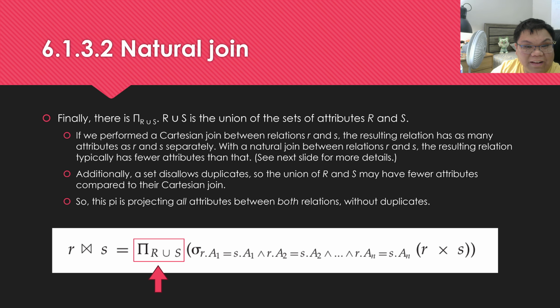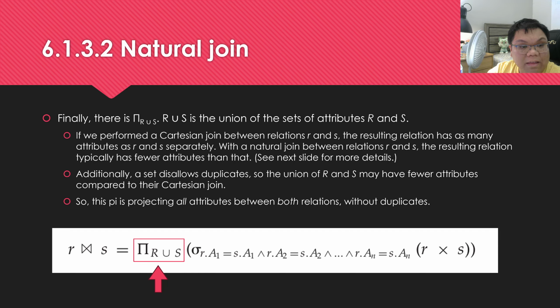And I talked quite a lot about R union S. That is a set of all attributes between relations R and S. And this is big R and big S, which represents the attribute sets of little r and little s. So when you do a Cartesian join between little r and little s, you're going to have m plus n attributes.